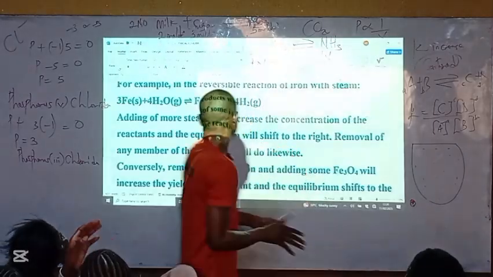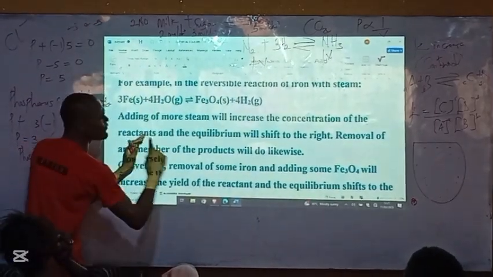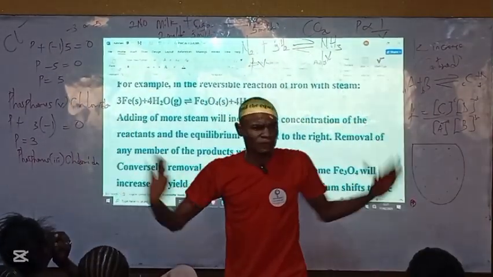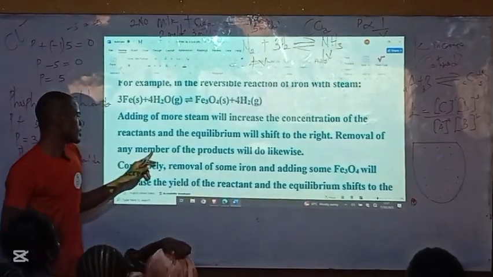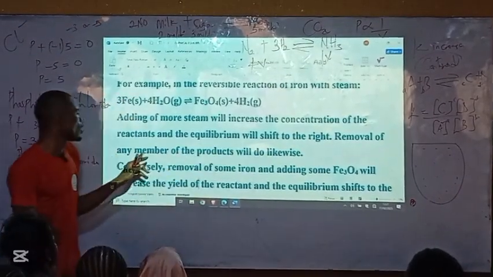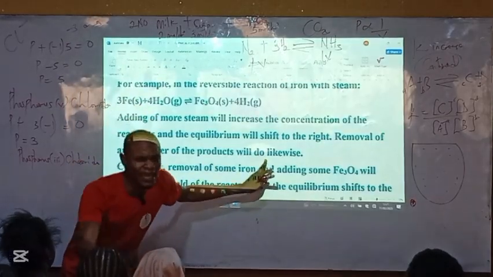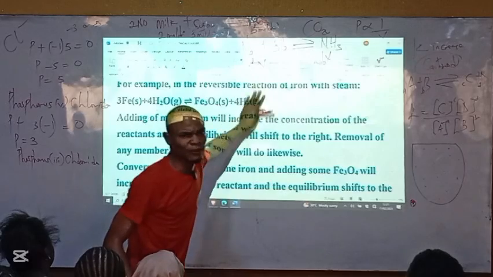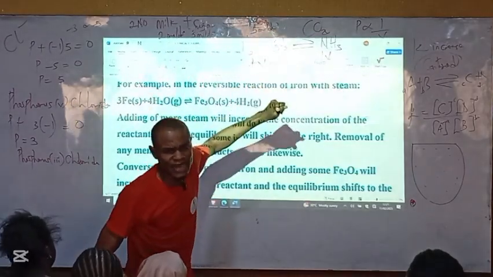Am I getting it now? Adding more steam will increase the concentration of the reactant. Therefore, equilibrium will shift to the right. Removal of any member of the product will do likewise. If I remove hydrogen gas here, I am reducing the concentration of the product, right?